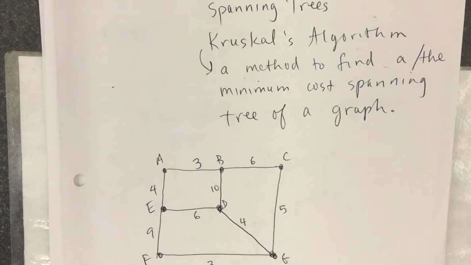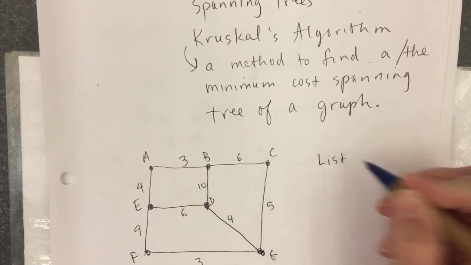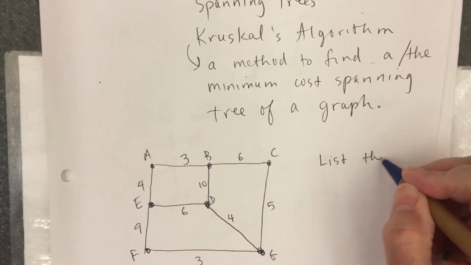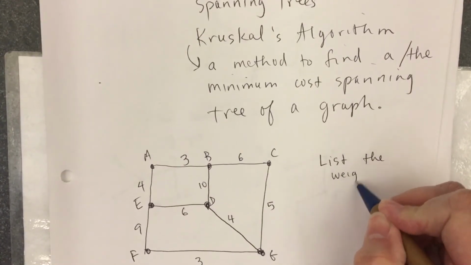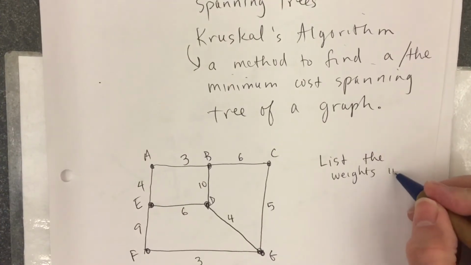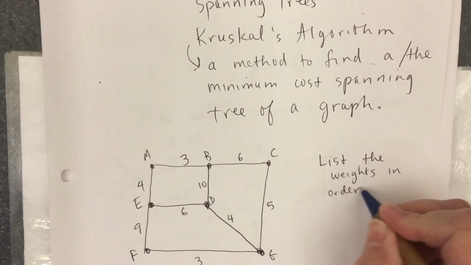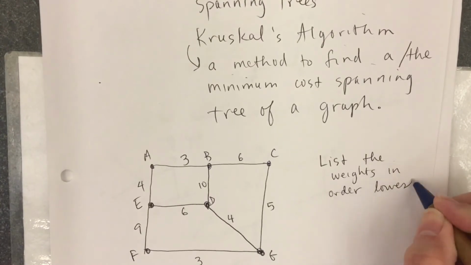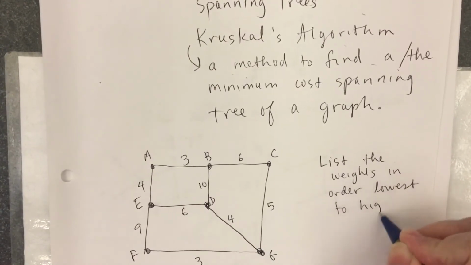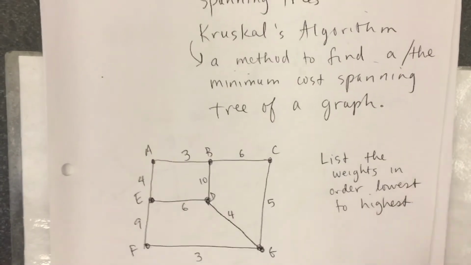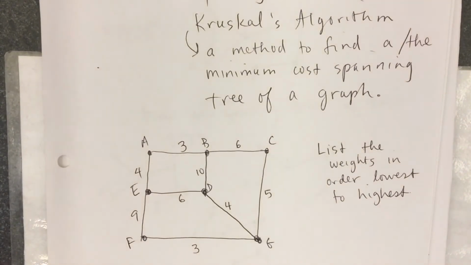What you do for Kruskal's algorithm is you list the edges in order from lowest to highest. So, now I said edges, but list the numbers, list the weights in order, lowest to highest. So you really don't need to write what edge it is. We can see that from the graph.